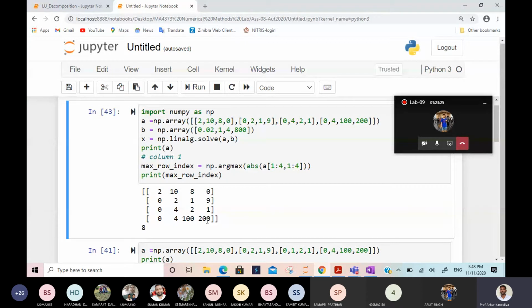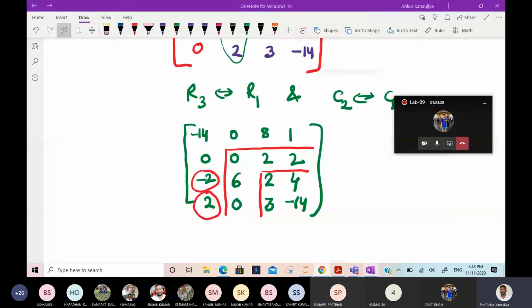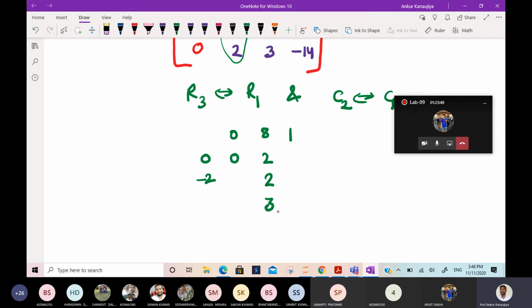So let me write here. Whatever I wrote here, overall matrix, what is the maximum? I am just removing this one. I will write a 3 cross 3 matrix and I will give the counting also.